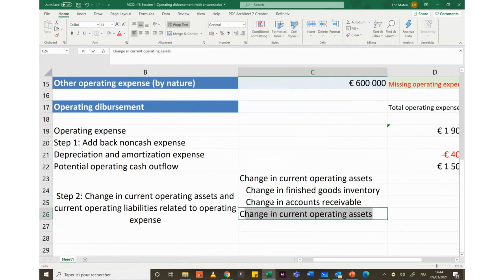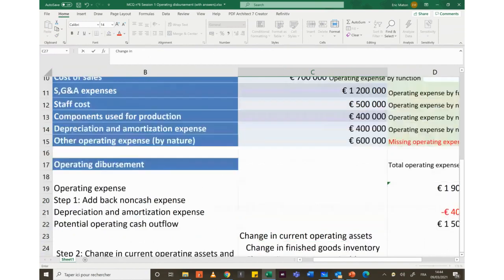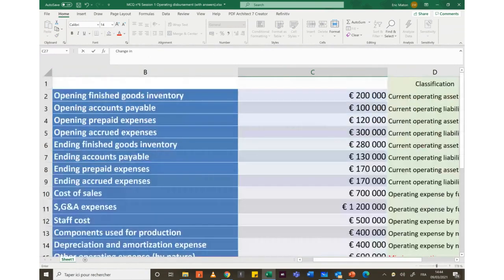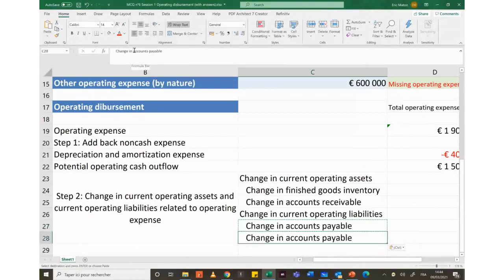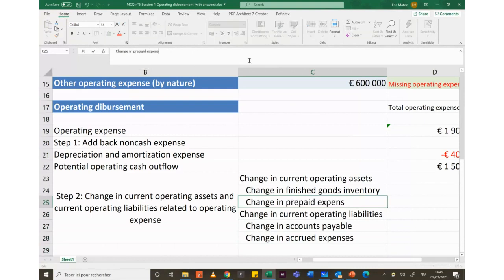In the change in current operating liabilities, we have the change. No, it's not accounts receivable, sorry, it's in prepaid expenses. And here in accounts payable, and the change in accrued expenses. And here in prepaid expenses. Okay.